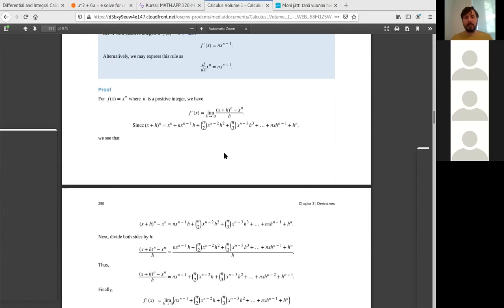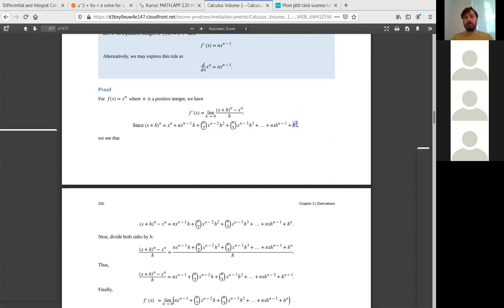And what happens here is that you can forget about the rest of the formula, but using the binomial formula on this x plus h to the power of n, we have first x to the n plus n times x to the n minus 1 times h. And then we have some terms with x to the n minus 2, h to the 2, and so forth.